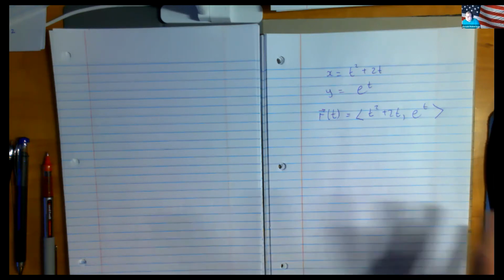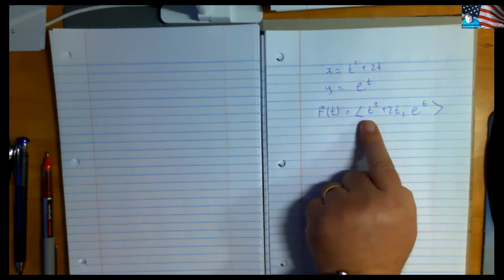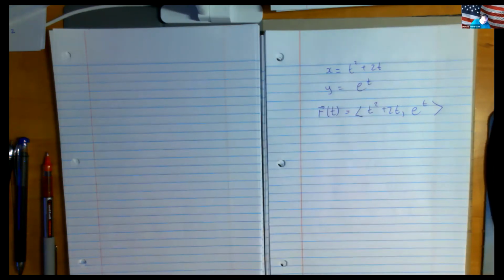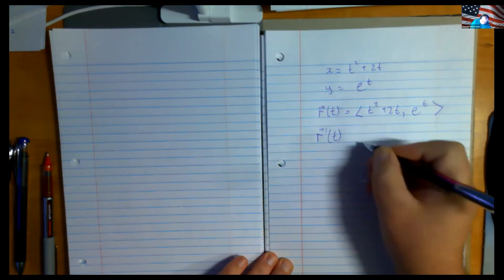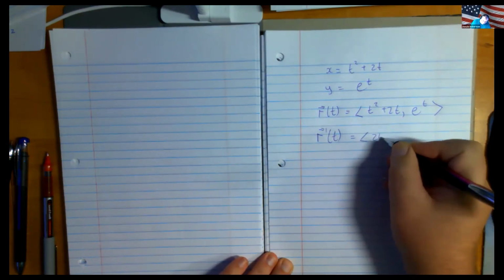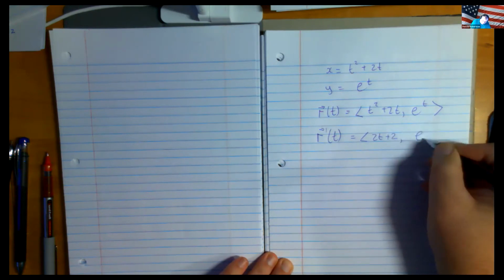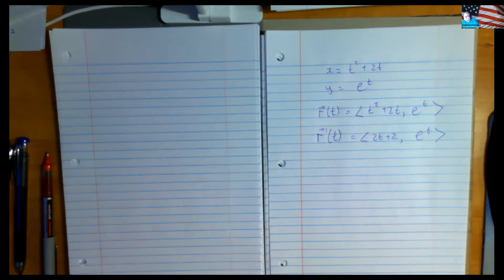So notation-wise, this is just a little bit less work. Now, for instance, won't r dashed of t be 2t plus 2 e to the t, right? We go with that?